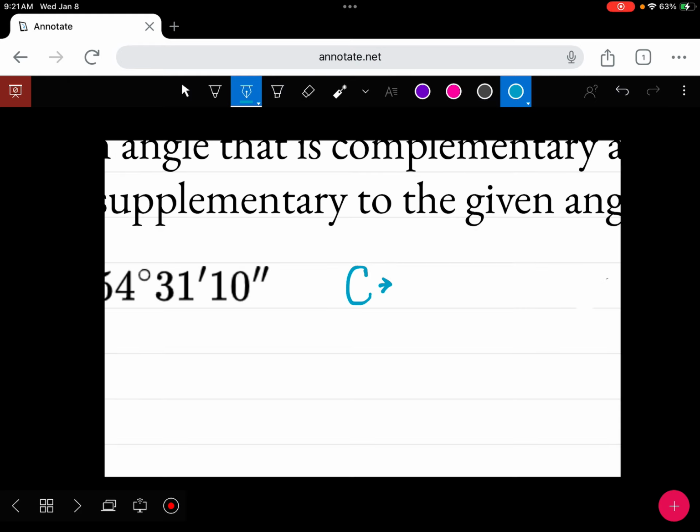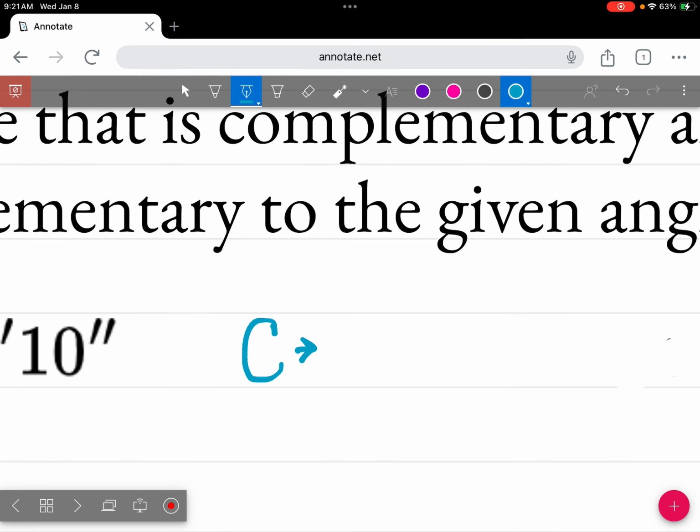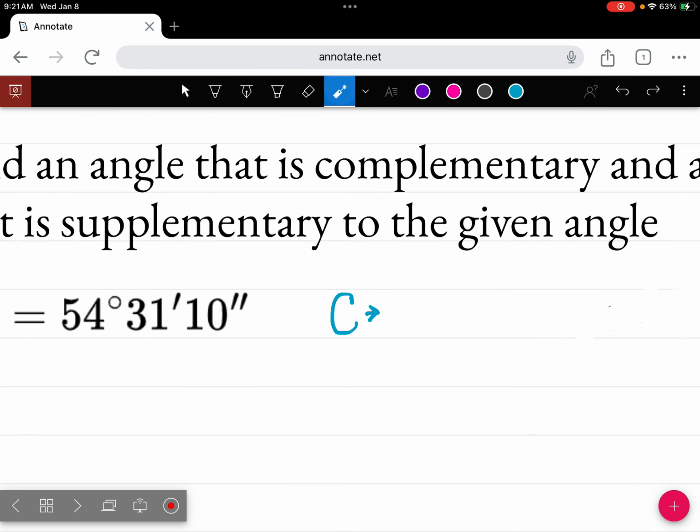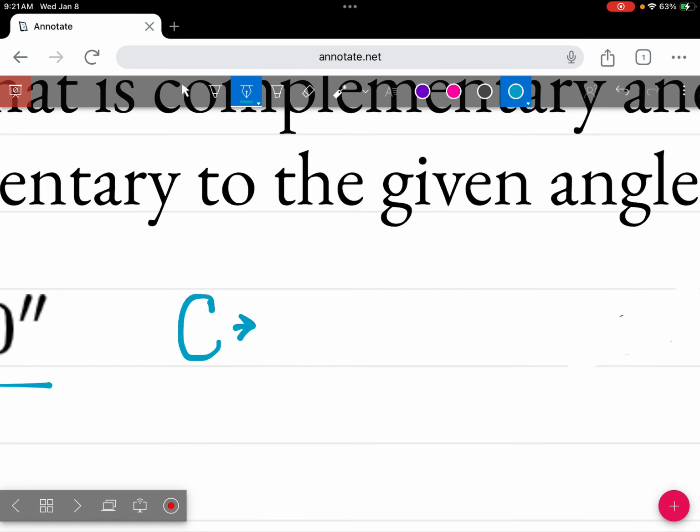We can just straight up go into the subtraction. I want to know when our 90 degrees is going to be met with this guy. So I can take my 90 degrees and subtract it, but since I have degrees, minutes, and seconds, I'm going to write my 90 like that.